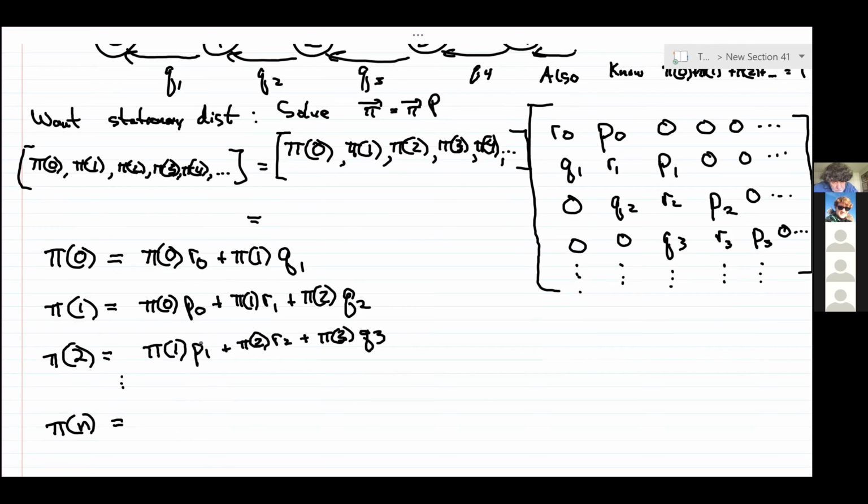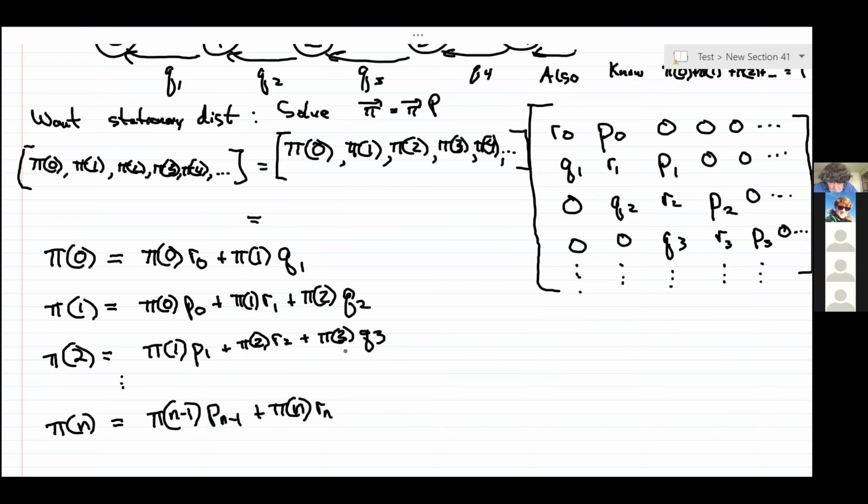And then going from the previous pattern, let's make sure I've got this right. It would be pi n minus 1. That seems to be the pattern, times p n minus 1, plus pi n times Rn.